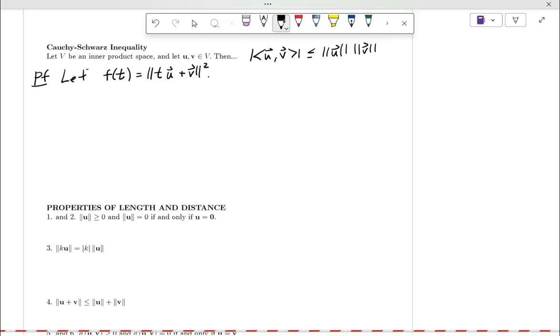Well, what's another way to write magnitude squared again? Yeah, the inner product with itself, right? Inner product with itself.